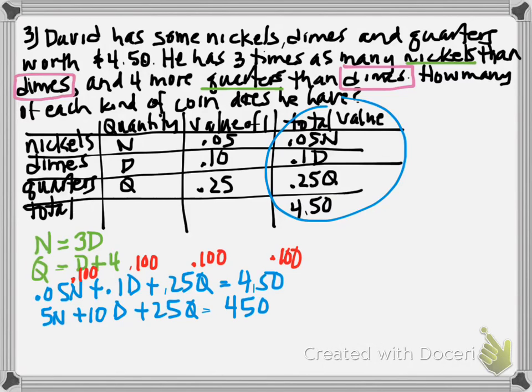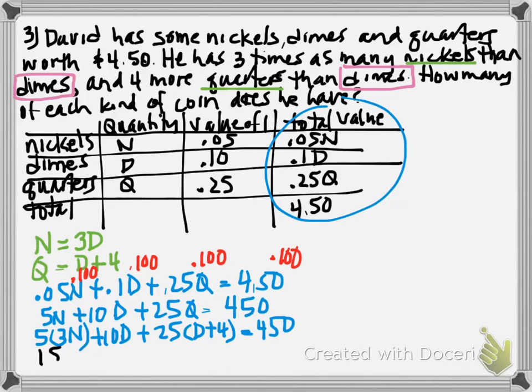And then I start substituting. For N, I replace it with 3D. D stays D, so I have plus 10D. And quarters becomes D plus 4. Alright, and then I just start doing math. So I have 15N plus, sorry, messed that up. I've messed up every single problem, haven't I?